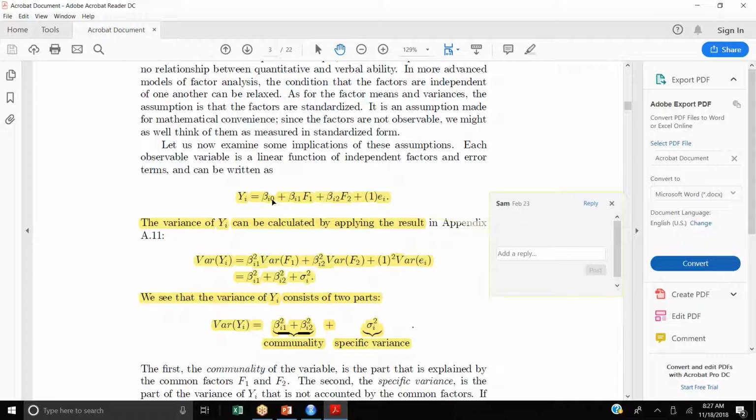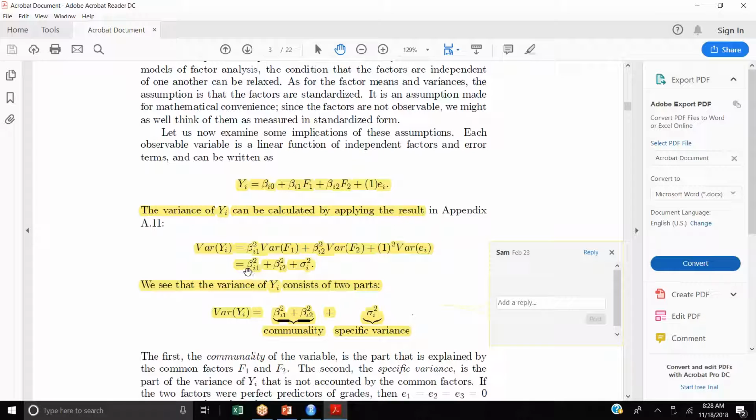Okay, there's no variance for a constant. So the variance of yi is beta i1 square, variance of f1 plus beta i2 square, variance of f2. That is the formula for variance. Constant times x: variance of ax is a square times variance of x. Okay, that's the formula.